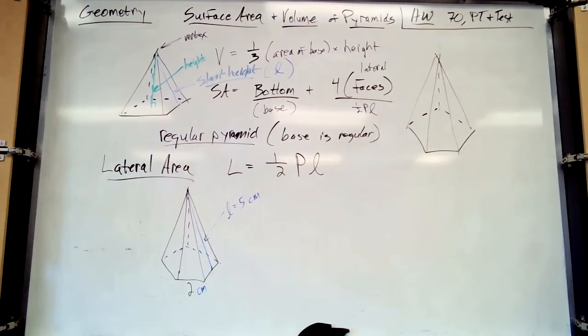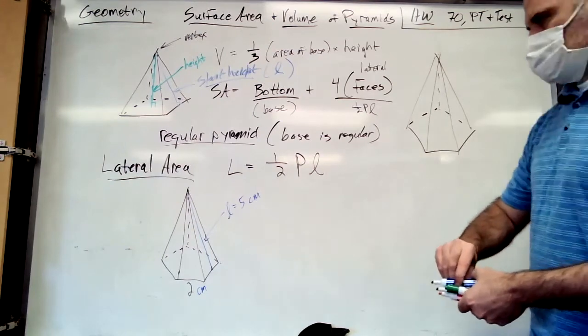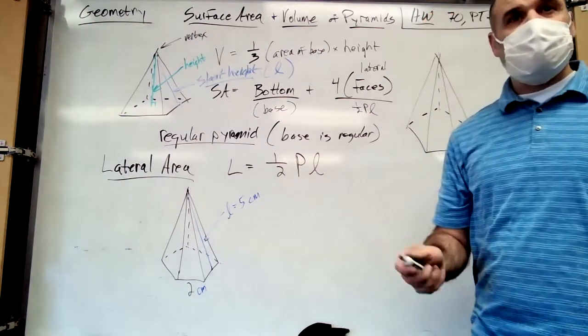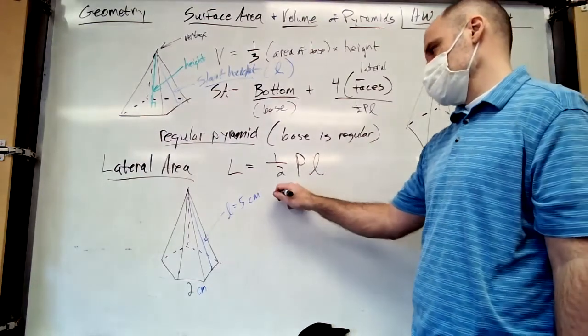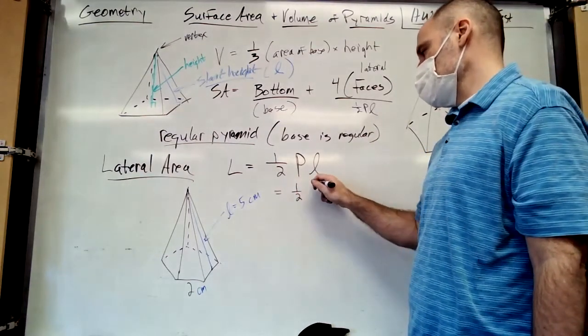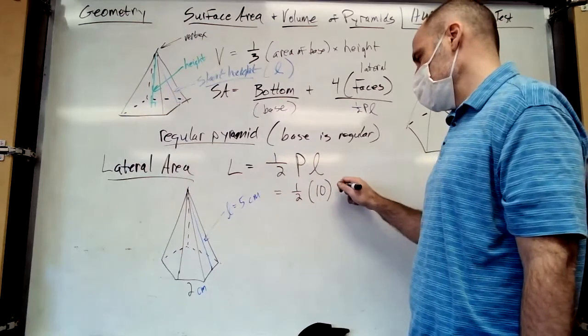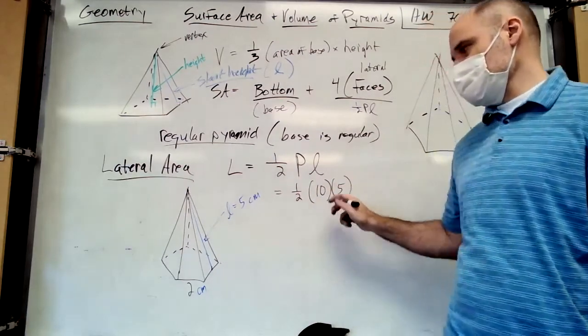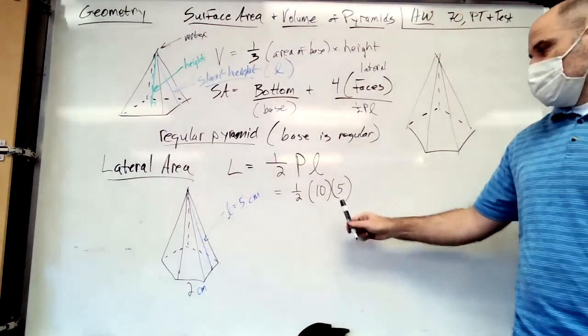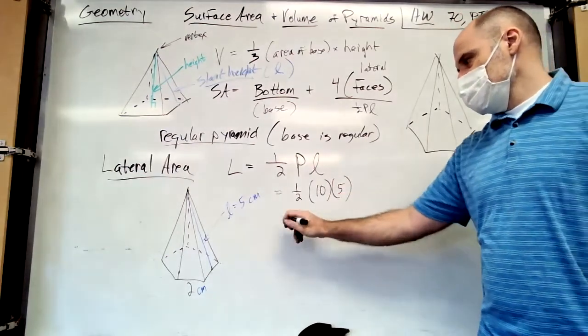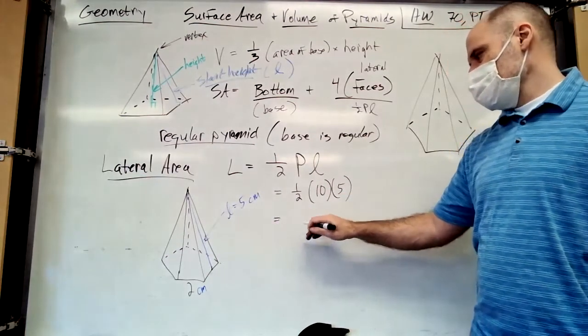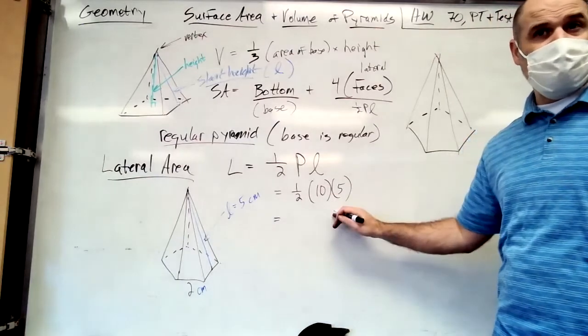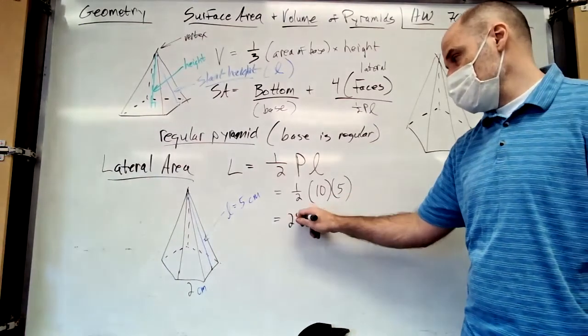So half of 10 is 5, and then 5 times 5 is 25. Yep, there it is. 1/2 10 times 5, right? Because the slant height is 5, and the perimeter is 10. So half of 10 is 5 times 5 is another 25.